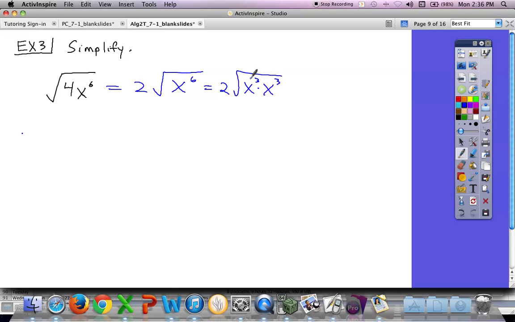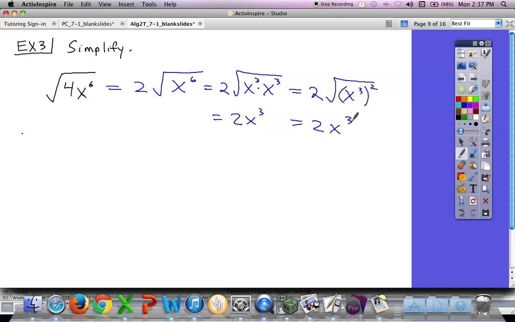So now, if that's the way we're going to reason this out, then it equals 2x to the 3rd. Or you could write it like this, 2 times x to the 3rd squared, because that is x to the 3rd squared. And again, the square root undoes the square, 2x to the 3rd.